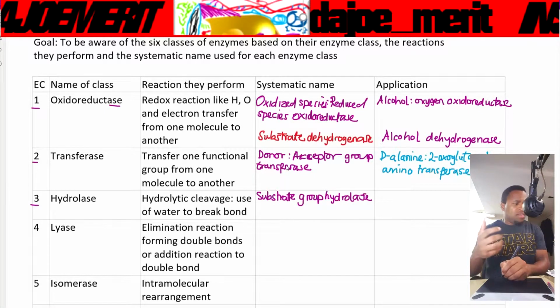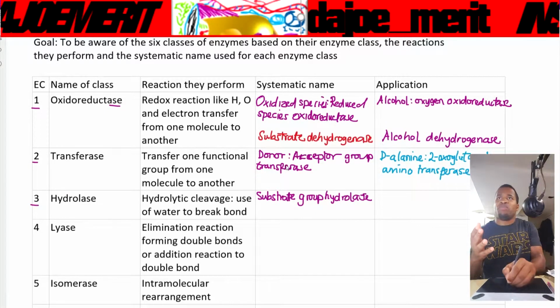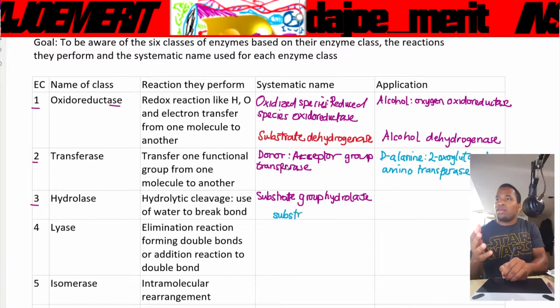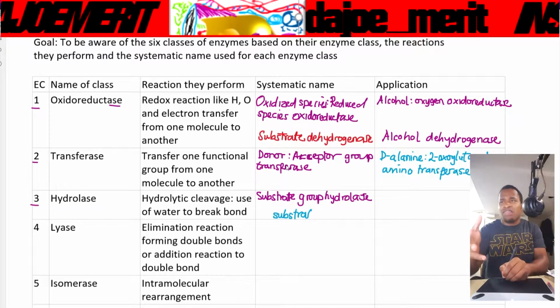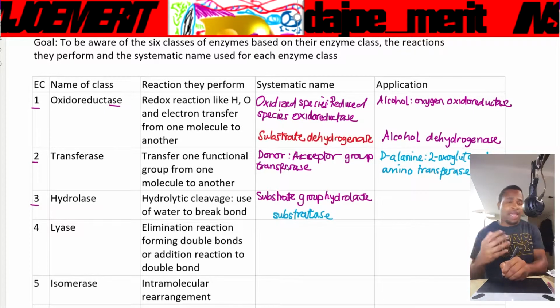And in this case also, we can go with another simpler name, which is just putting down the substratase. So substrate is kind of the prefix, and the suffix is ase at the end.